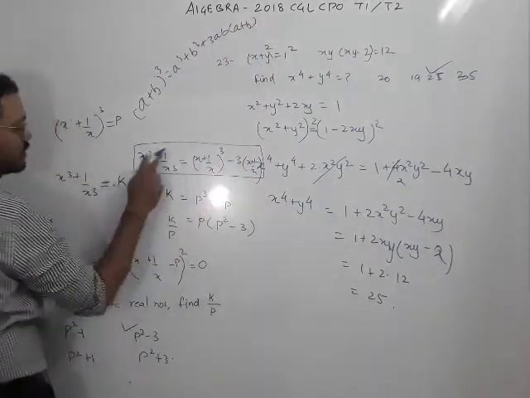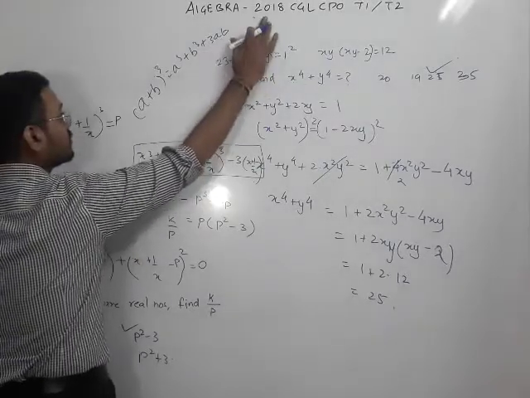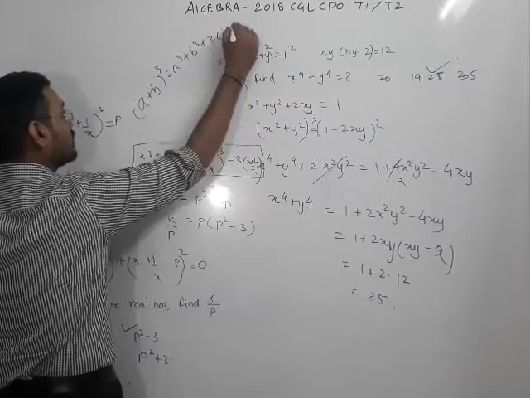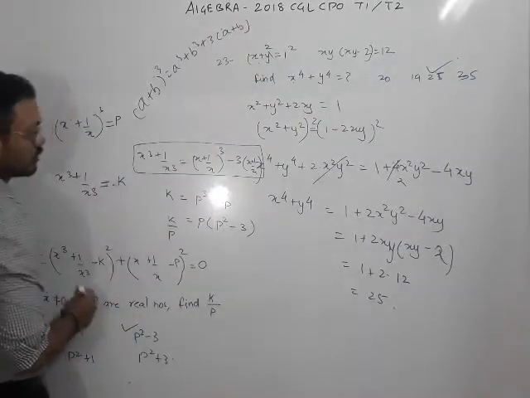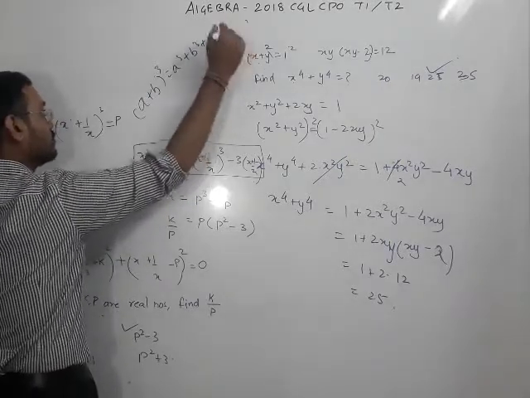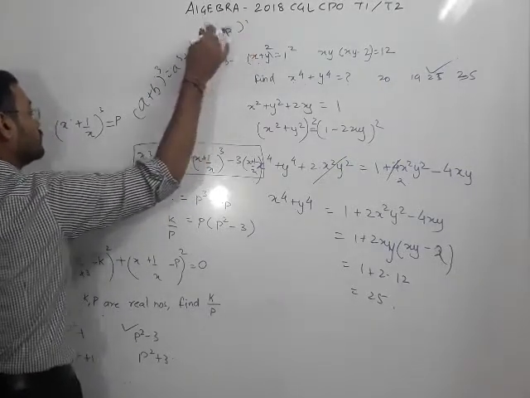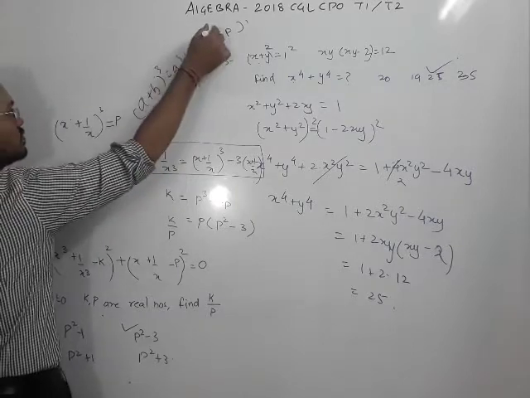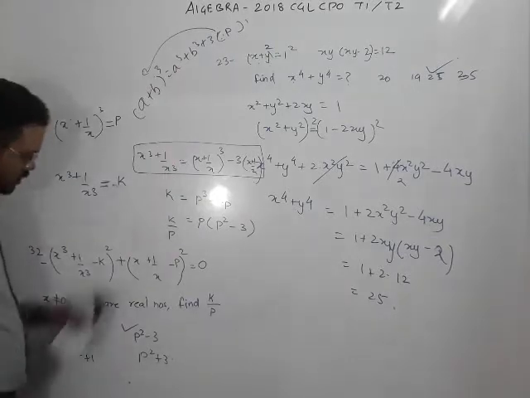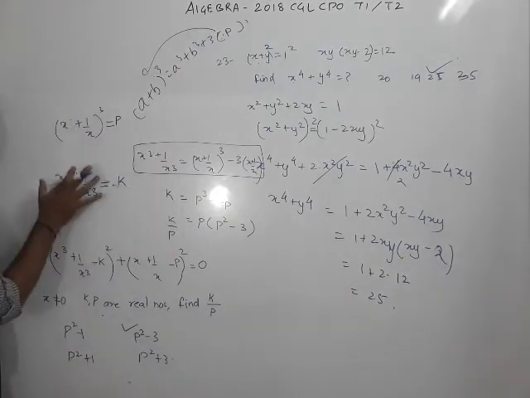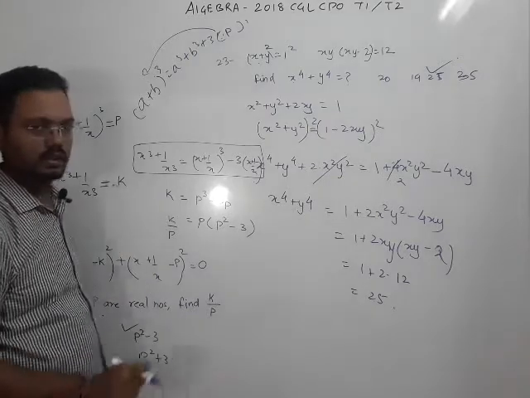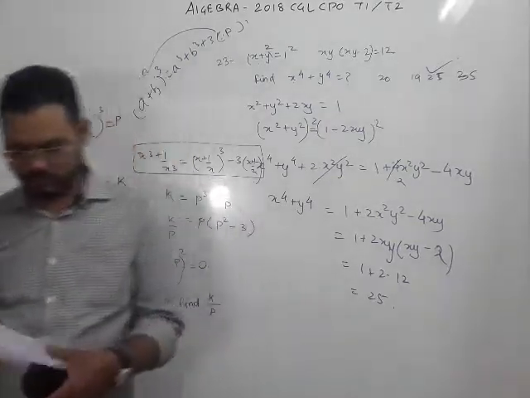In these cases, x plus 1 by x cases, ab is 1, so it becomes a plus b. And a plus b is nothing but x plus 1 by x, which is your p. So this will come this side, so a cube plus b cube is this. Kindly solve it. It's a very simple question, just that you need to understand and click what's going to be applied. Kindly take a screenshot.